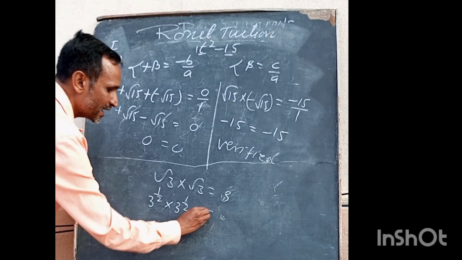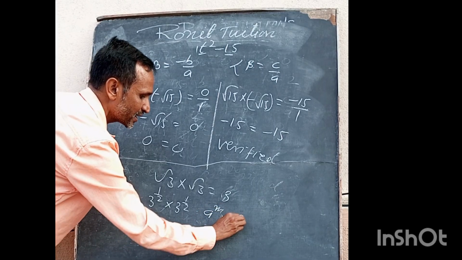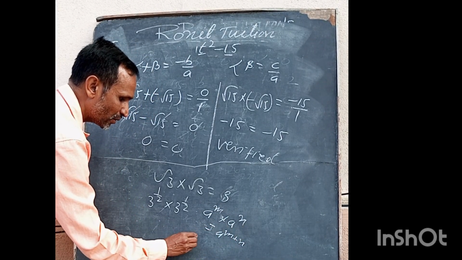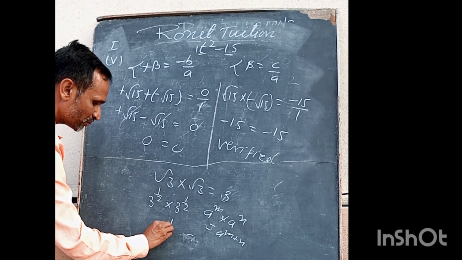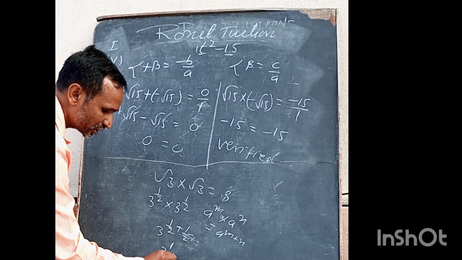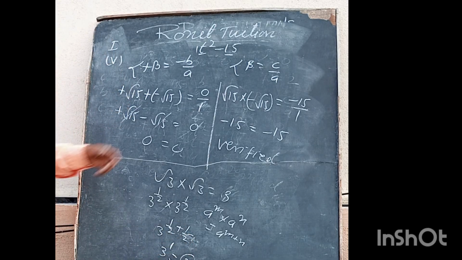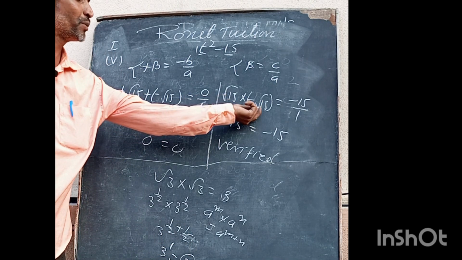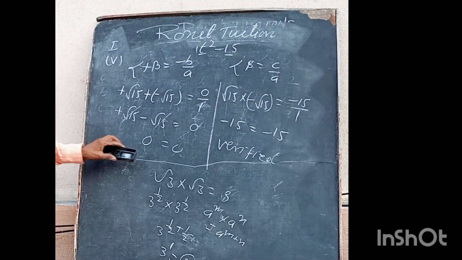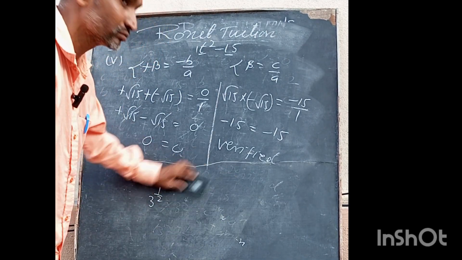So a to the power m into a to the power n is equal to a to the power m plus n. So 3 to the power 1 by 2 plus 1 by 2, how much? 1. So 3 to the power 1 is equal to 3 only. Like that, same with 15 to the power 1 by 2 times 15 to the power 1 by 2, it becomes 15 only. Sign accordingly.